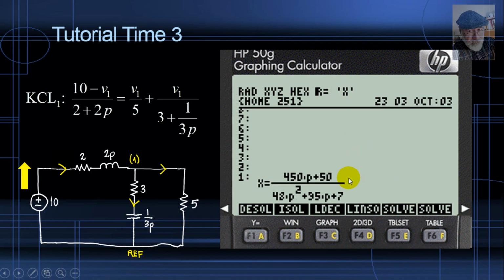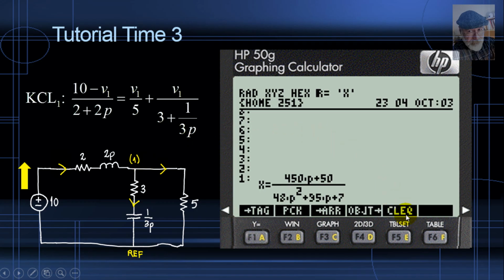Solve. Bang! That is actually V1, or rather, that is the differential equation whose solution would be the voltage of node 1. But that is not what we want, right? Let me clear the part on the left with CLEAR. That is V1. What I really want is this current.